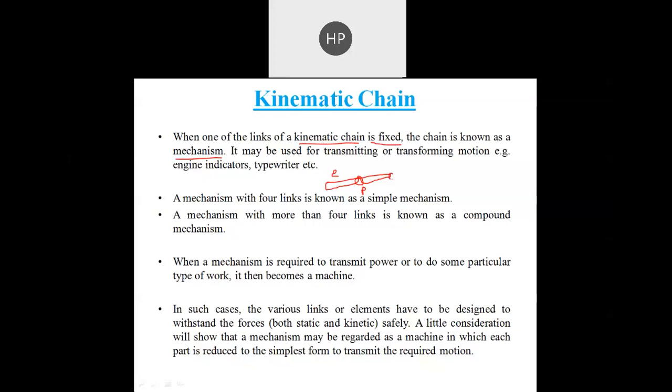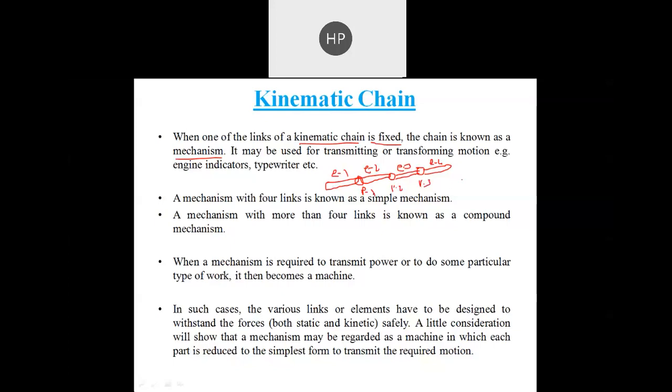Now when four elements, this is element 1, element 2, element 3 and element 4, are connected with each other, in that we have pair 1, pair 2, and pair 3.